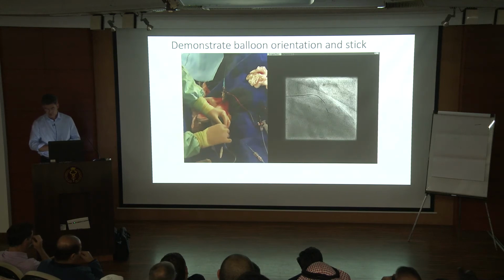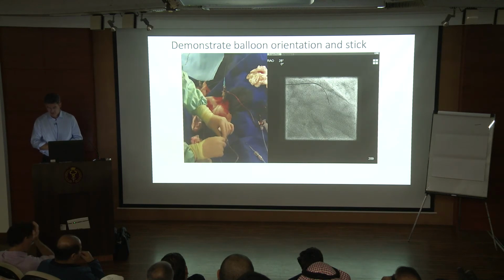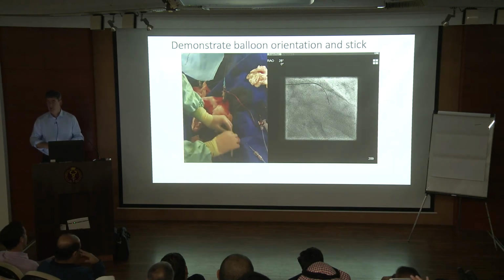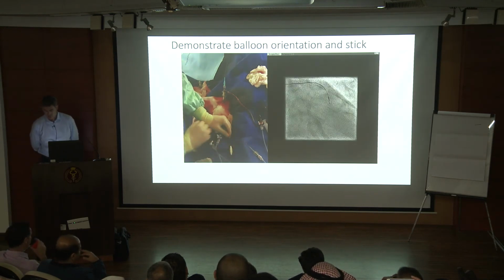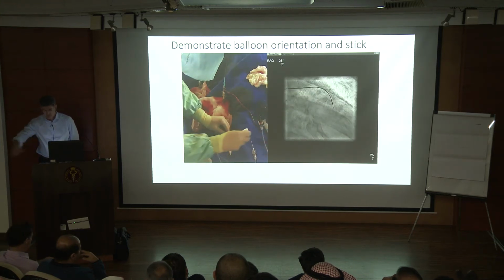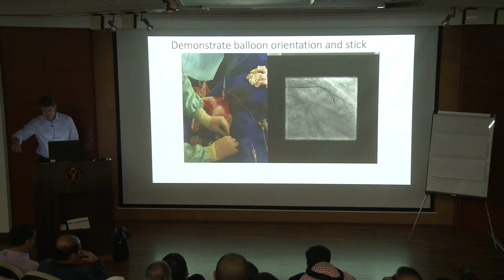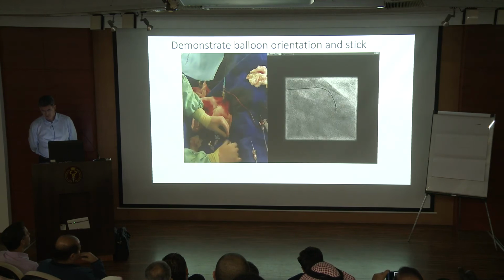So here we are, now wanting to exit the balloon. It's around 6, 7 o'clock. Now we don't know from this orientation which is the proximal and distal port and which port is which. So you have to try. You'll end up coming out one side and then turn the wire and come out the other side. So there we are, coming out the right side, make the puncture.